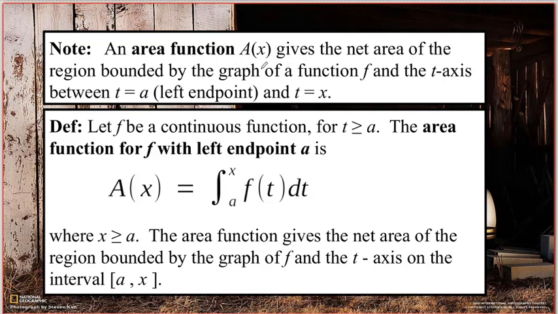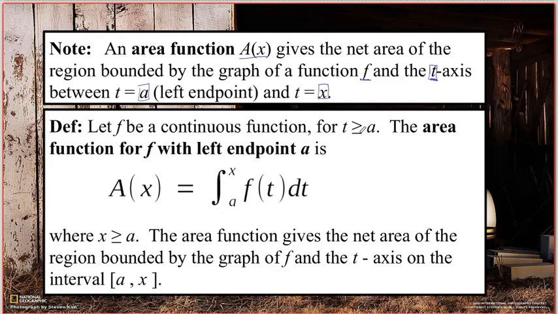Let me define, first of all, this idea of an area function. An area function is just a function that gives the net area of a region bounded by the graph of some function and the t-axis, which you can think of as the x-axis, I'm just using t as a dummy variable, between some starting point a and some ending point, which is going to be our variable.